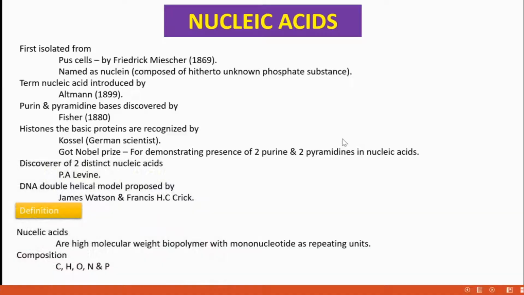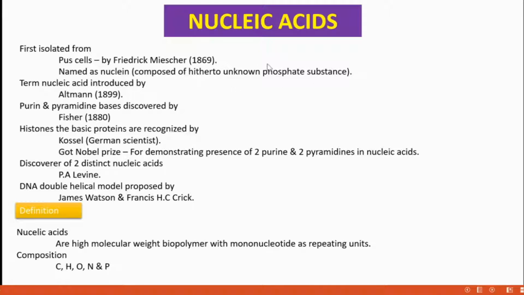Good morning, dear students. Today we are moving to the next chapter, that is nucleic acids. First, nucleic acids were isolated by Frederick Miescher from pus cells in 1869, and he named that substance nuclein, as it is composed of an unknown phosphate substance.